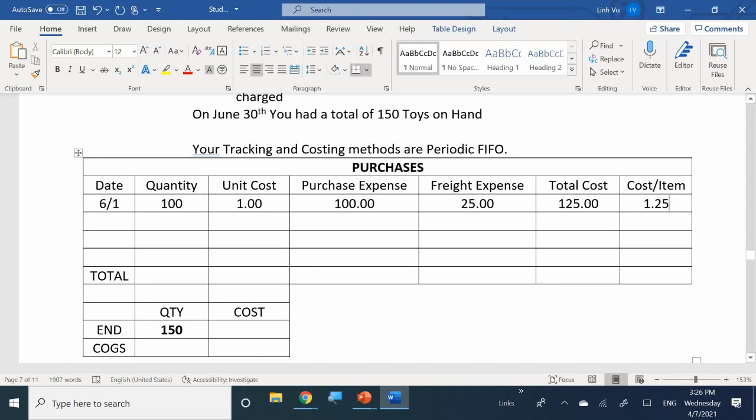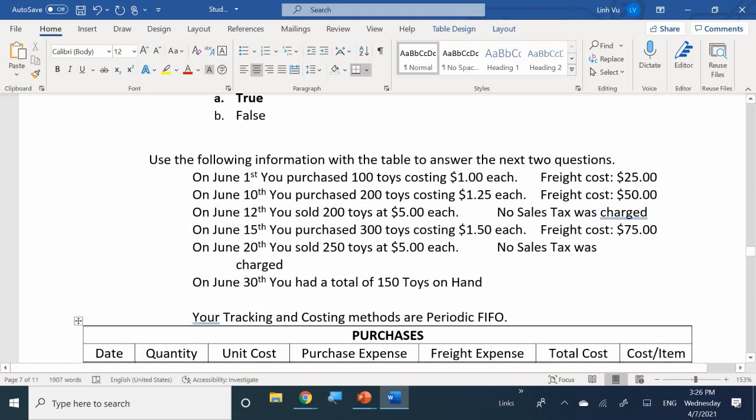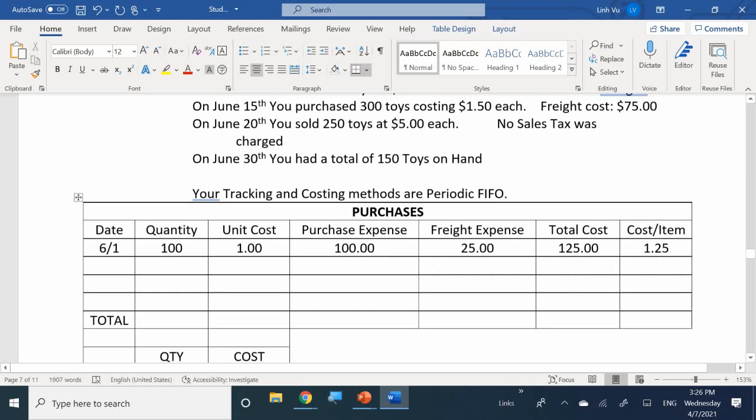This is a simplified version of obviously the inventory worksheet. I just did it on here so that when we do the study guide, instead of having to lug that huge sheet around, this is pretty much all I need. All right, so then what happened on June 10th? Purchased 200 toys at $1.25 each with a freight cost of $50.